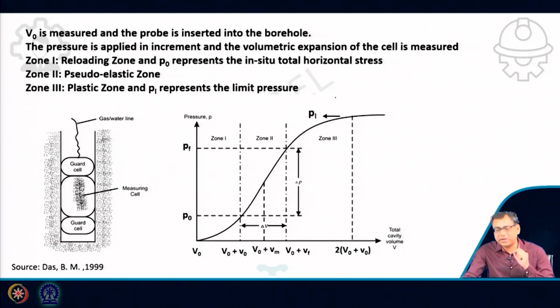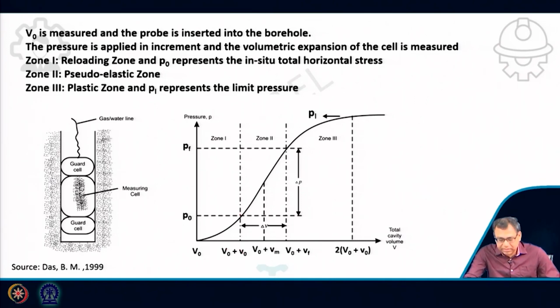How do I get the limit pressure? PL I can get by the capacity of this instrument, how much pressure it can apply, or if the volume expansion is 2 times capital V0 plus small v0, then that is called PL. Capital V0 I have already discussed.